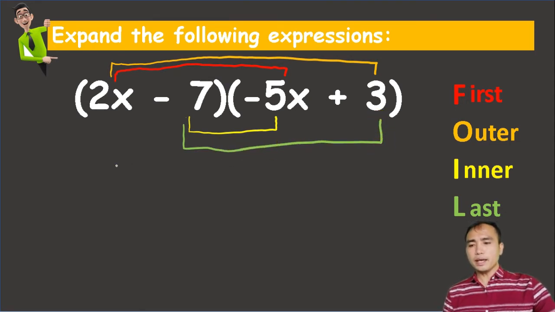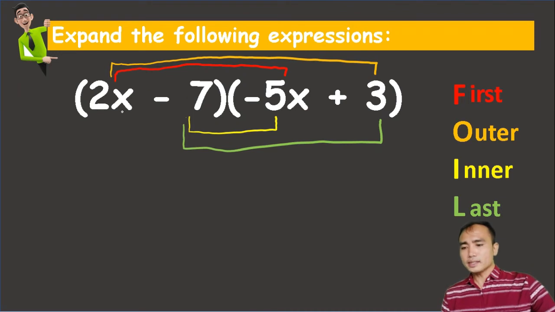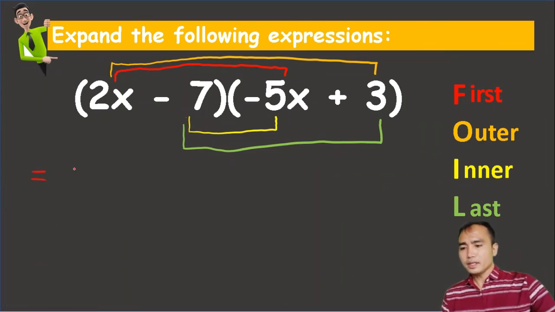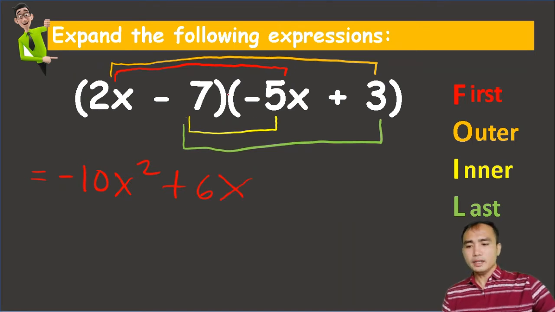So first, multiply our first term, 2x multiplied by negative 5x is equal to negative 10x squared. Next, the outer term, 2x times 3 is equal to 6x. Next, the inner terms, negative 7 times negative 5x is equal to positive 35x. And negative 7 times 3 is negative 21.